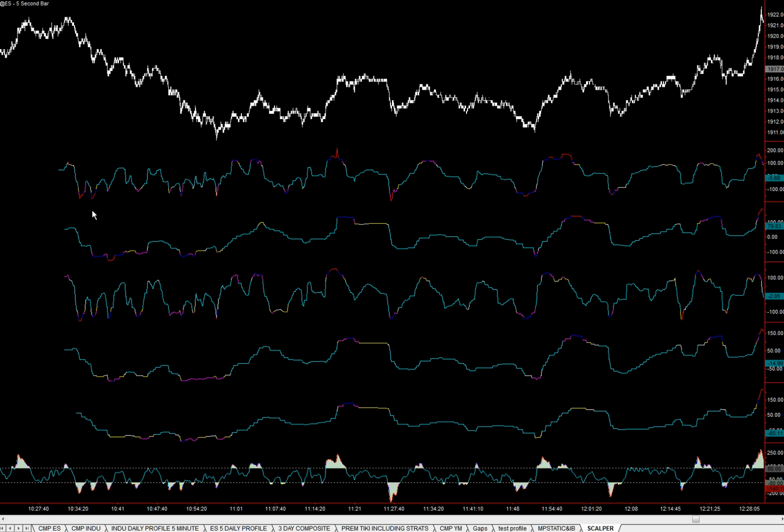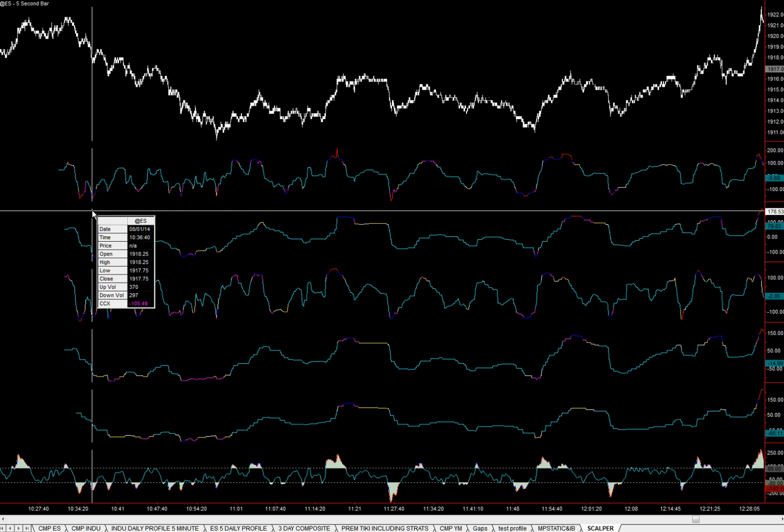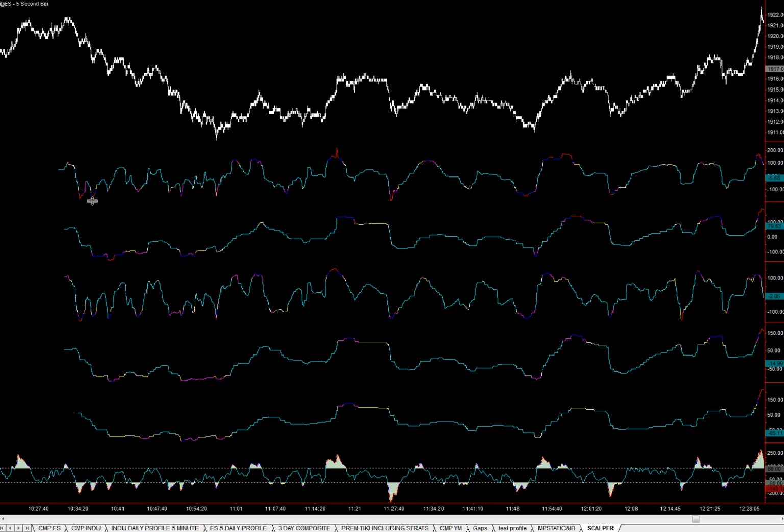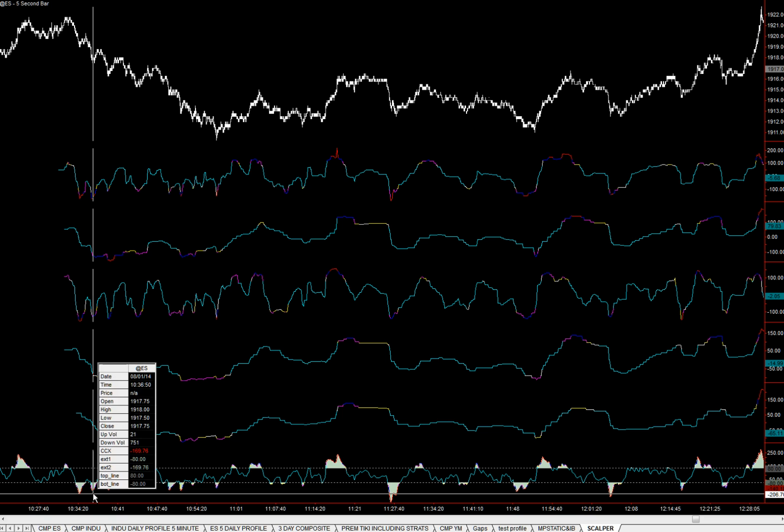So when that happens, and we begin to see a turn in the indicator right in here, you can verify that down here in our subgraph at the very bottom. This is your 5-second chart. When that's turning, that's when you're going to want to take that trade.